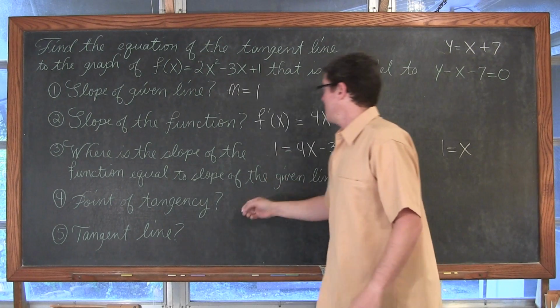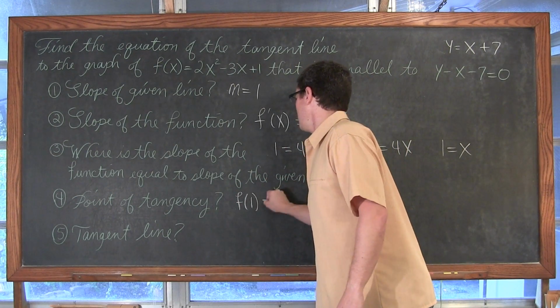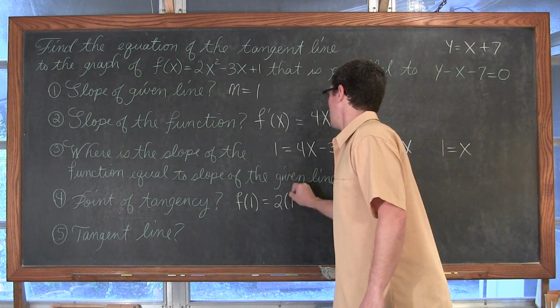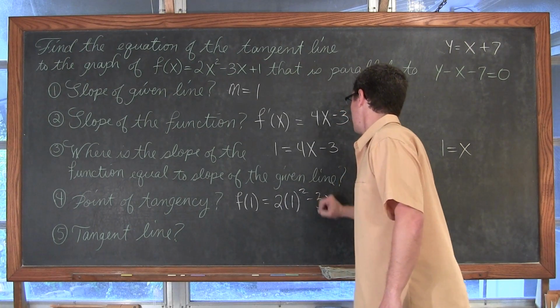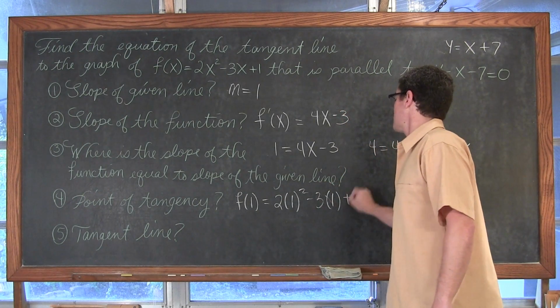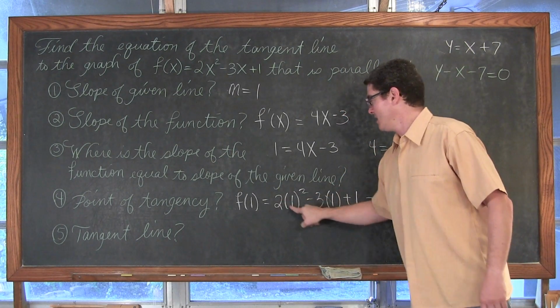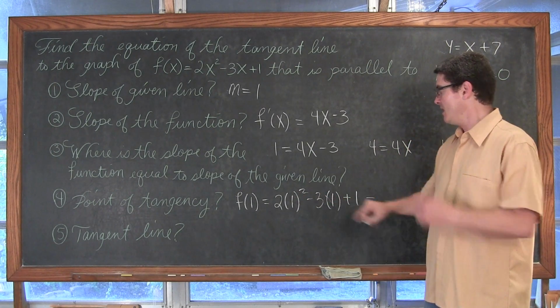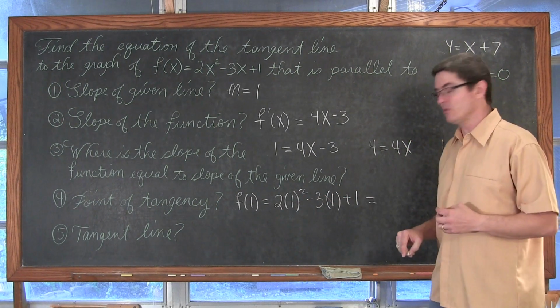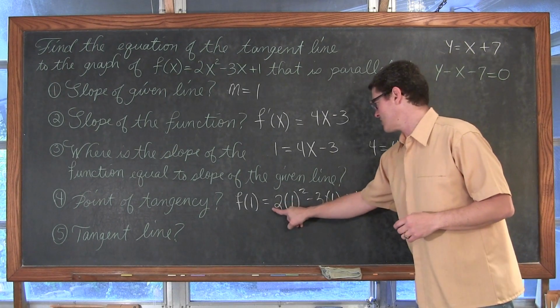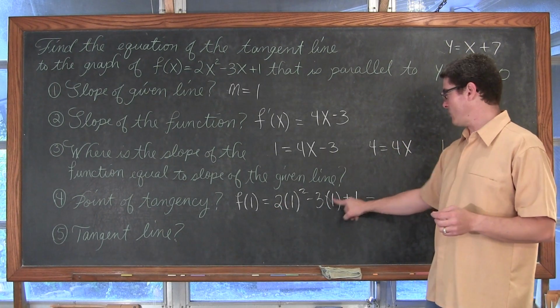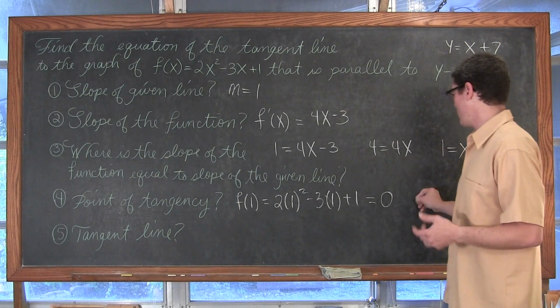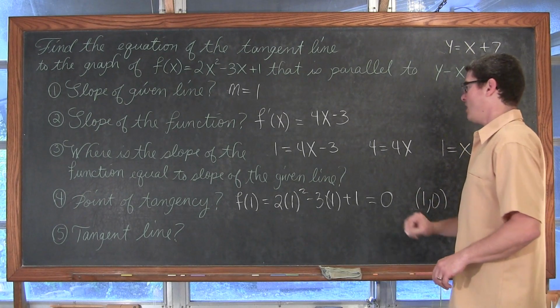The point of tangency is f of 1, which is 2 times 1 squared minus 3 times 1 plus 1. 2 times 1 squared is 2, 2 minus 3 is negative 1, plus 1 is equal to 0. So my point of tangency is (1, 0).